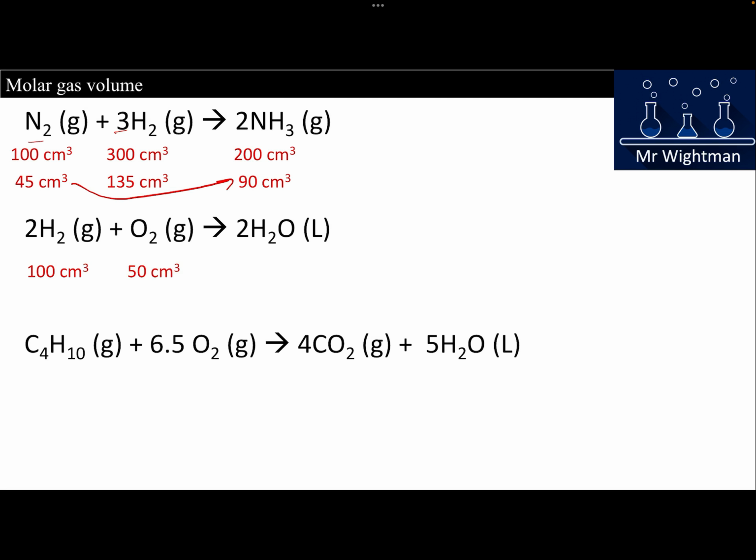But bear in mind this only applies if you have gases. So watch out for the state symbol here. Can't really do that for water, because gases will change when they turn to liquids. They'll be closer to each other, and so you can't make the same assumption in terms of their density.